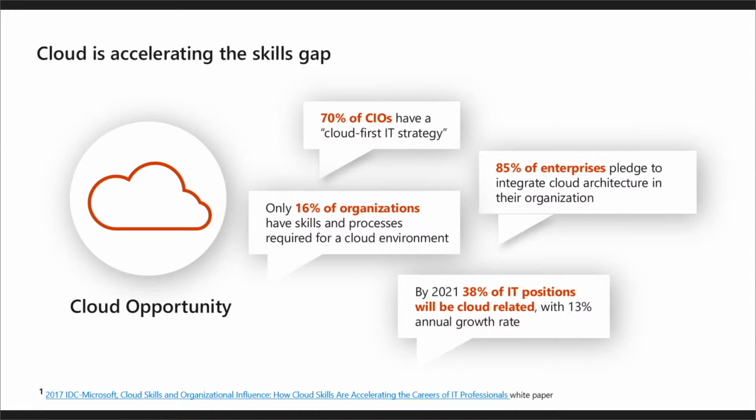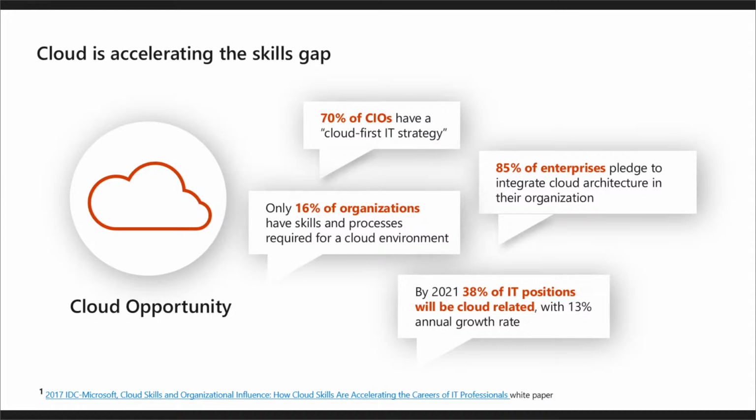So based on the statistics, we can say that CIOs have a cloud-first IT strategy. Companies are seeing the value of moving to the cloud, saving them money, being able to go to market faster, being able to move different workloads. And in fact, now we see companies having multi-cloud solutions.